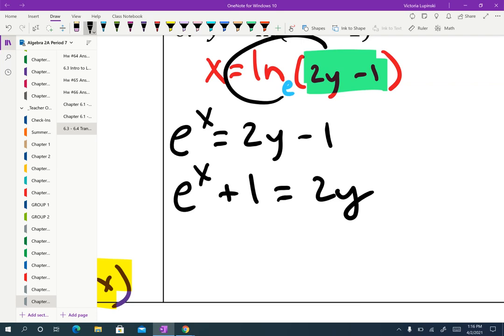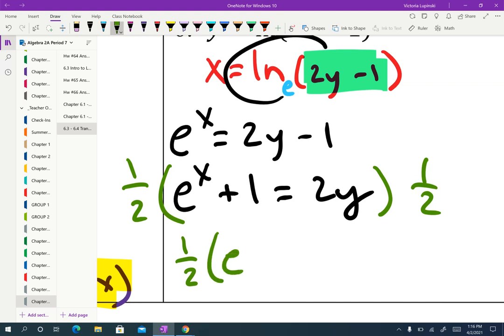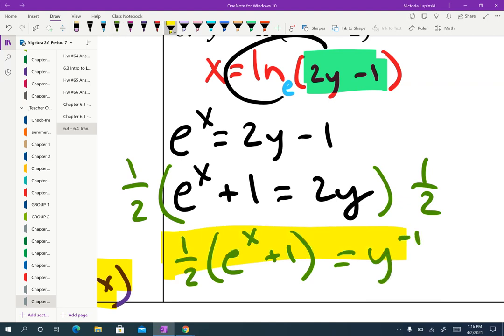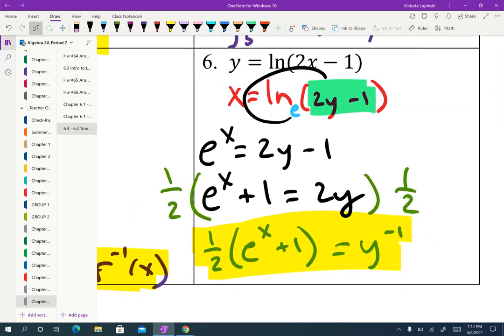Then again, remember, you normally divide by 2, but for inverse purposes, it's a little nicer if you write it as times a half. So your final answer is 1/2 e to the x plus 1 in parentheses, and you can go ahead and call that y inverse. You could distribute that 1/2 if you want to. It really doesn't matter either way, so feel free to do so if you would prefer.